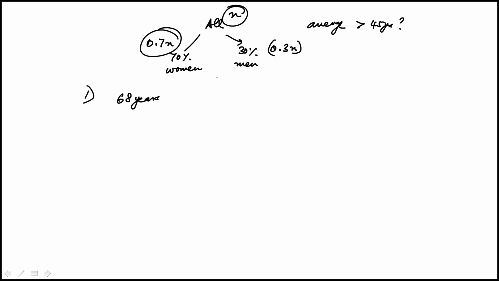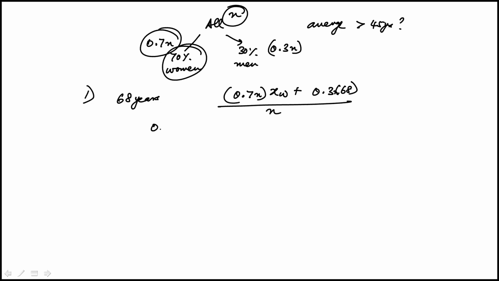And the weighted average here would be the average of all women, which let's say is xw. And that for the men, it's 0.3 times 68n. And then, of course, we divide that by n. But you'll see, because it's a weighted average, you can just simply do percents.